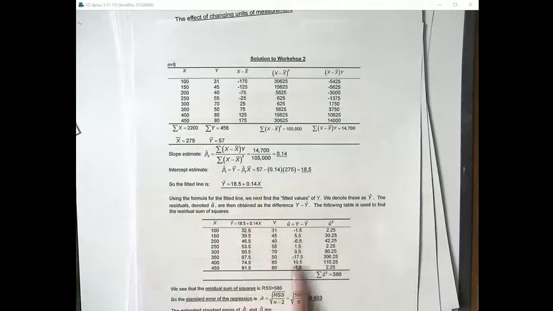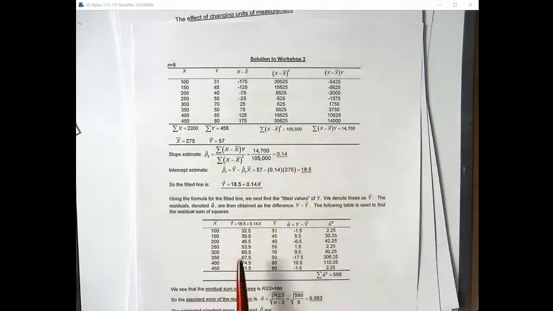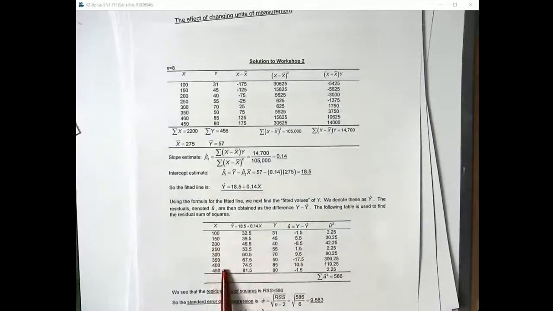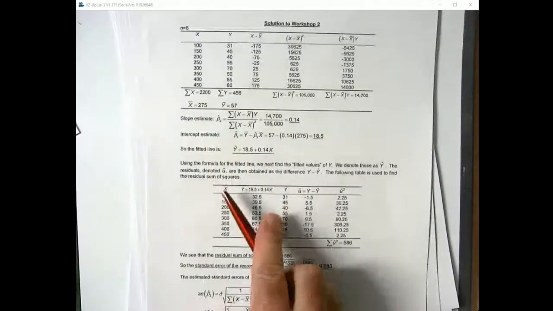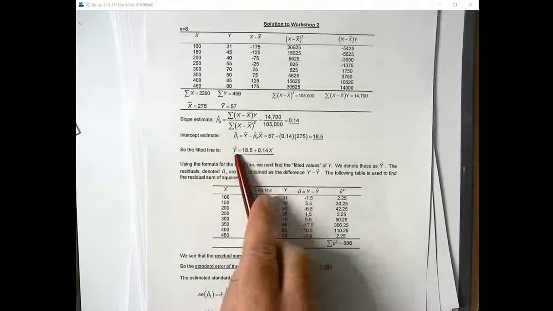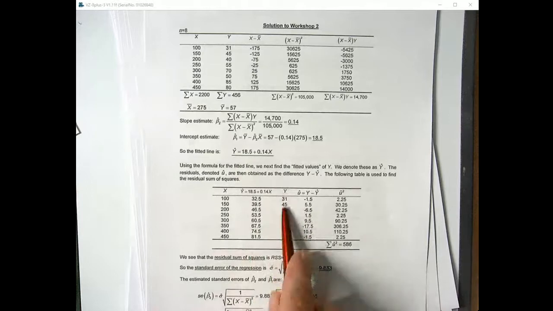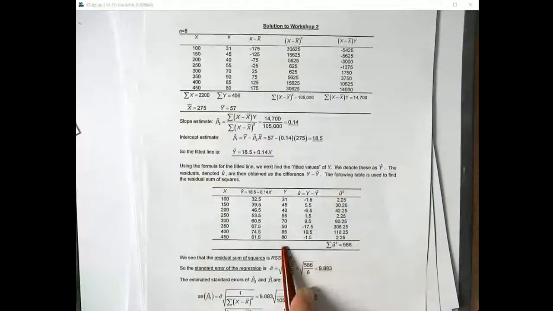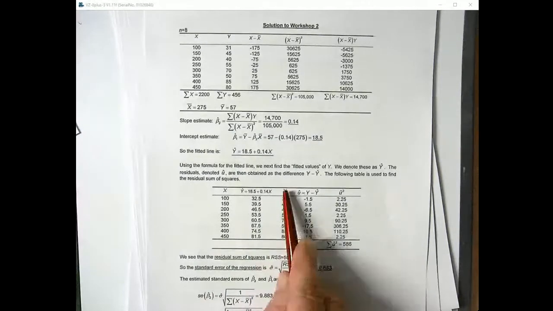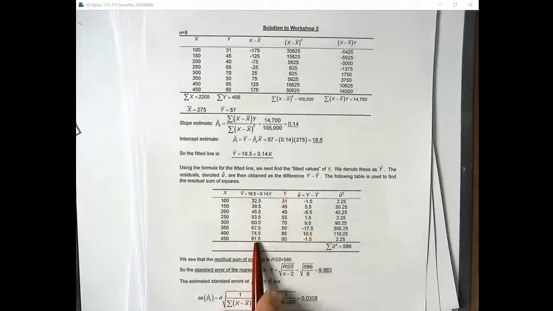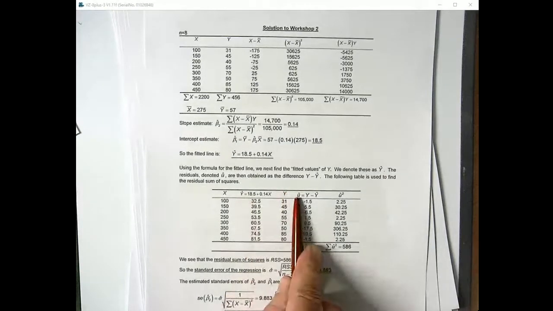Then you can use another table, or you can use the same table if your writing is very small. First, you copy down the x variable and you plug in the x values into the fitted line to get y hat, which is the predicted values of y. And then you can copy down the y column again, and then you work out the residual. The residual is y minus y hat, and the residual is called u hat.